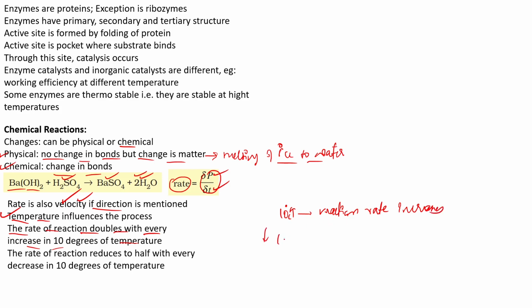If I decrease the temperature by around 10 degrees Celsius, the reaction rate halves, it reduces by half. This is what we mean by the general thumb rule regarding the rate at which reactions go.